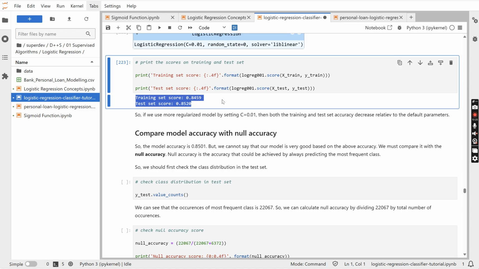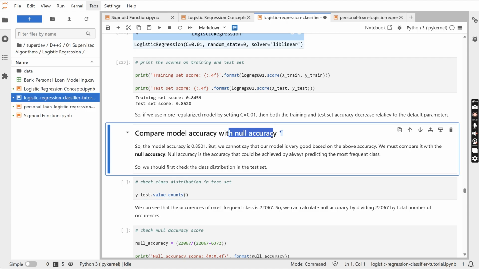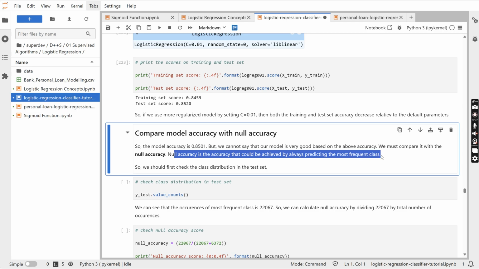This way you can compare the accuracy. You can also calculate something called null accuracy. Sometimes you can't tell properly whether the model is giving you the accuracy from one class or from the second class, or a combination of both classes.